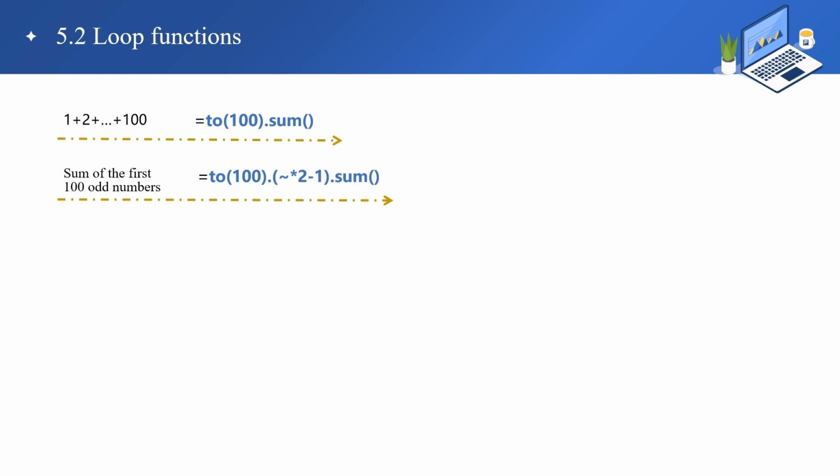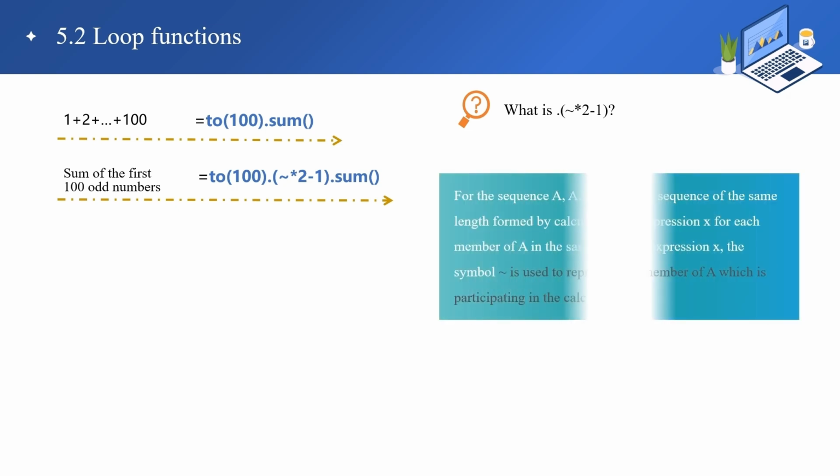We can understand the left 2 and the right sum, but what is the times 2 minus 1 in the middle? For the sequence A, A.x denotes a sequence of the same length formed by calculating the expression x for each member of A in the same order. In expression x, the symbol tilde is used to represent the member of A which is participating in the calculation.